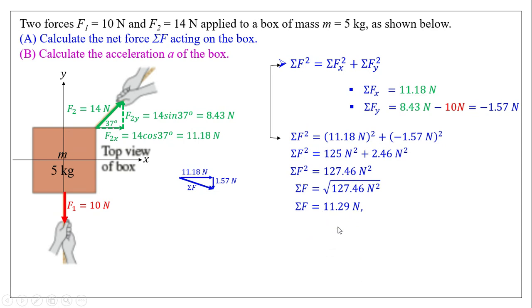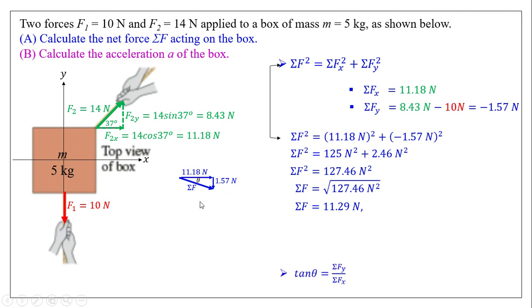However, force is a vector, so you need to include the direction. You cannot say positive or negative for this one because the vector here is pointing in the southeast direction. So therefore, we have to find the angle. The theta that you should reference is touching the horizontal axis here, so from net force touching the 11.18, which is in the x direction.